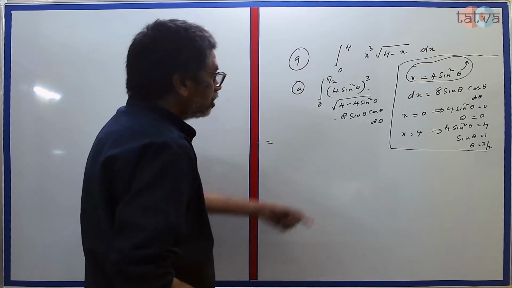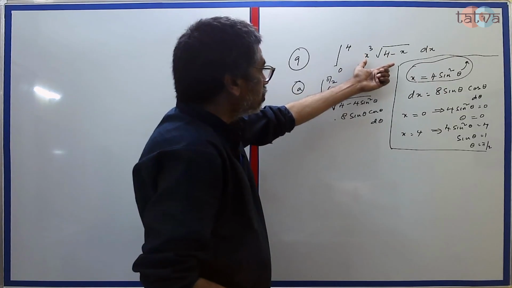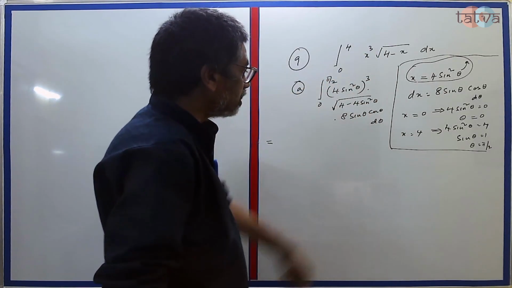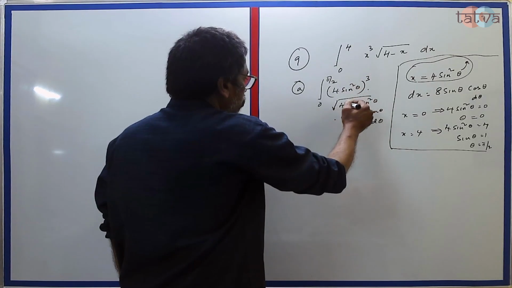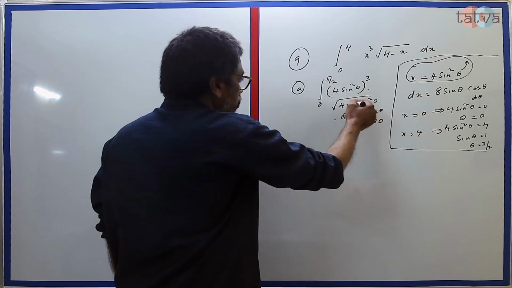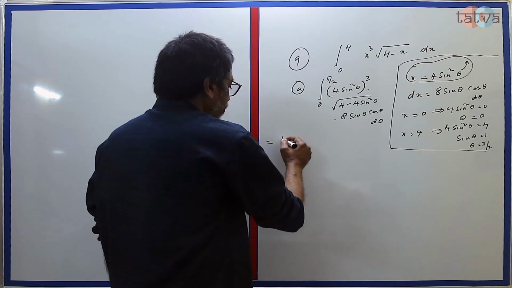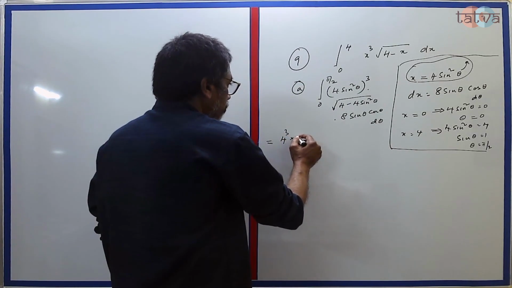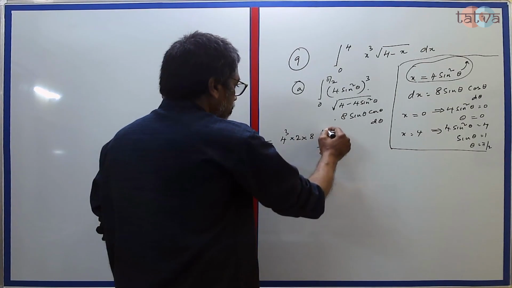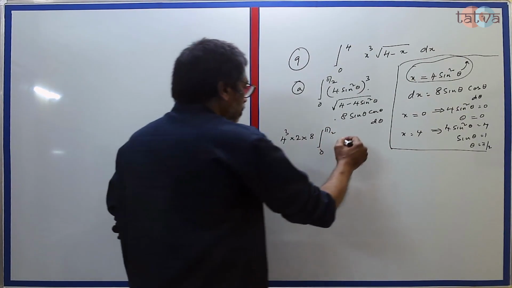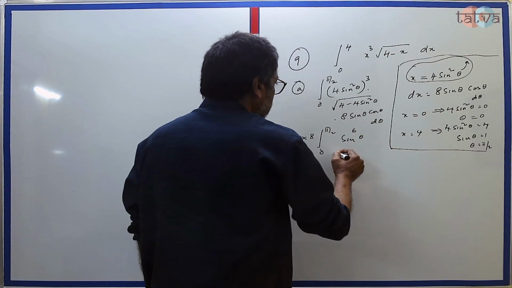So you may feel the transformed integral looks more complicated than the original, but evaluation of this is easy. So let's just compile: 4 cubed into this 2, the square root of 4 is 2. So you'll have 4 cubed times 2 times 8, integral 0 to pi by 2, you get sine power 6 theta there.